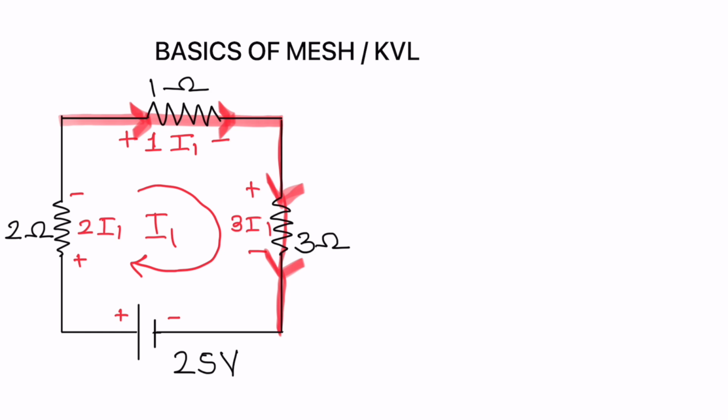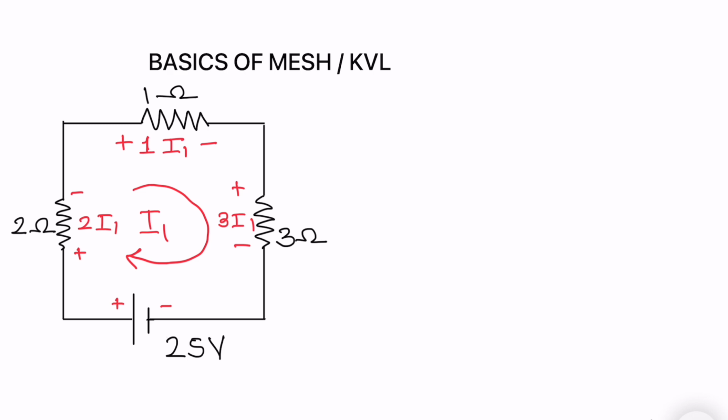Why minus 3 into I1? Once again the same story. You can observe you are moving from plus sign to minus sign. So minus 3 into I1. We can see we are moving from minus to plus, and that is the reason this will become plus 25. Next, we are moving from plus to minus, and this will become minus 2 into I1.